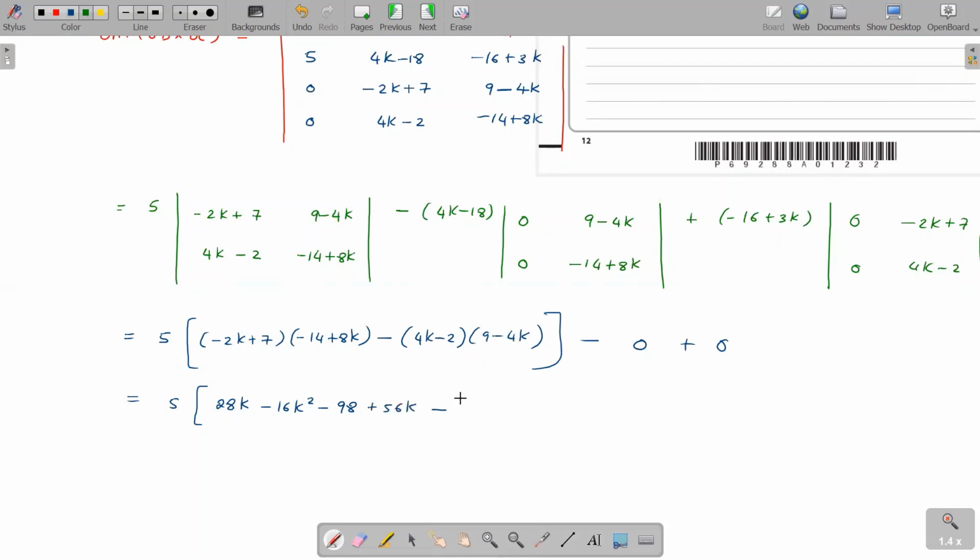Here when you're opening the bracket, be careful, there's a minus sign outside. 4k into 9 is 36k. Opening the second bracket, 4k into minus 4k is minus 16k square. Then minus 2 into 9 is minus 18, minus 2 into minus 4k is plus 8k.